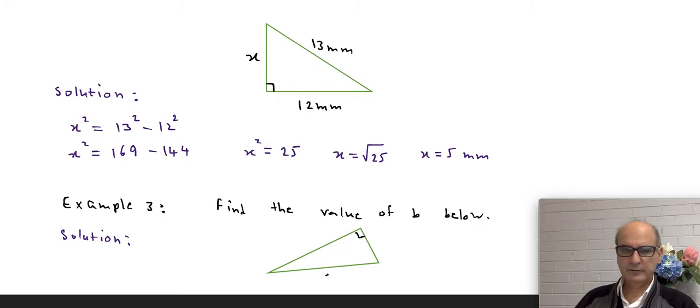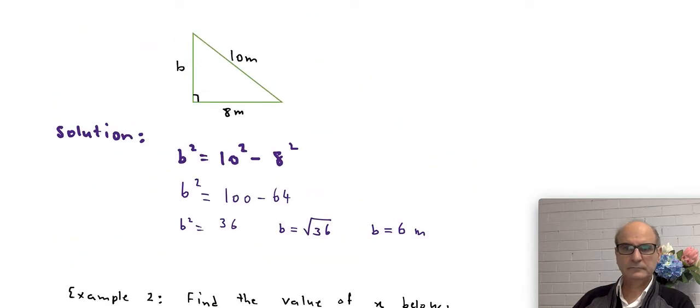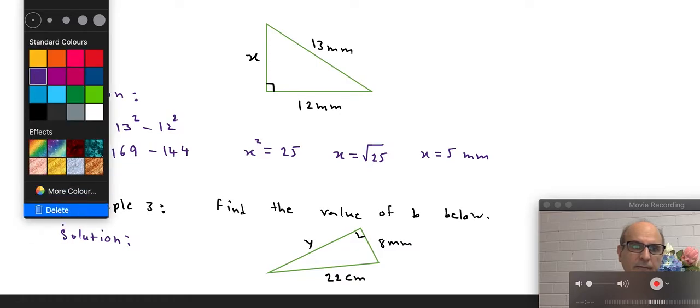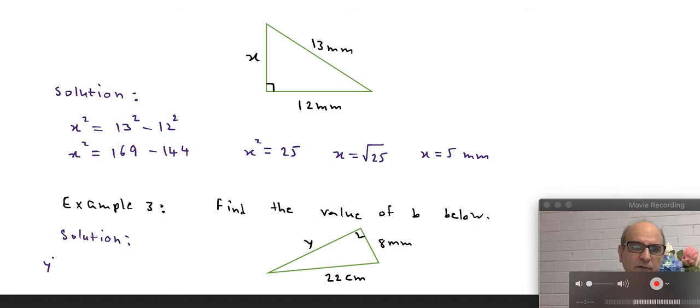22, say centimeters, and say you have 8 millimeters here, and this I'm calling y. Now, y squared, because y is my shorter side, is equal to the hypotenuse.